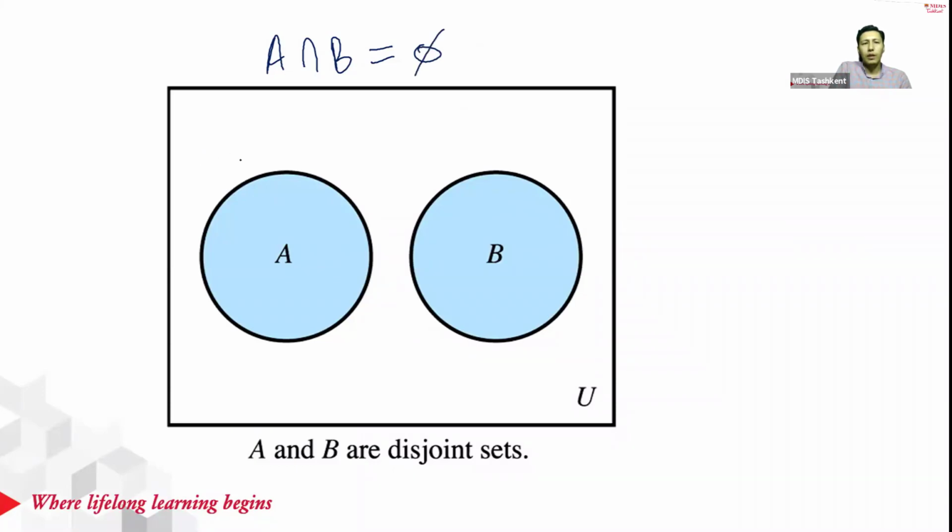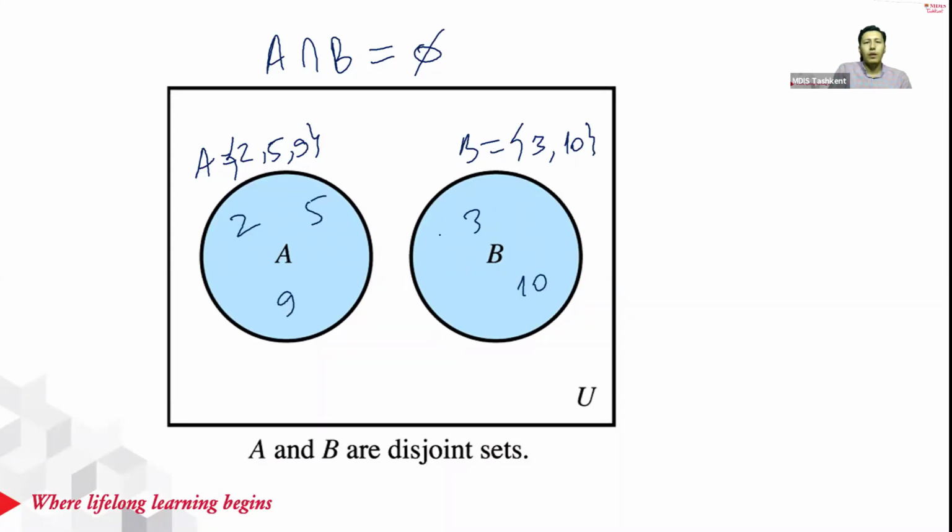For example, A is 2, 5, 9 and B is 3, 10. We have 3 here, 10 here, 2, 5, and 9 here. So we don't have same elements. Therefore the intersection is equal to empty set. That means A and B are disjoint sets.